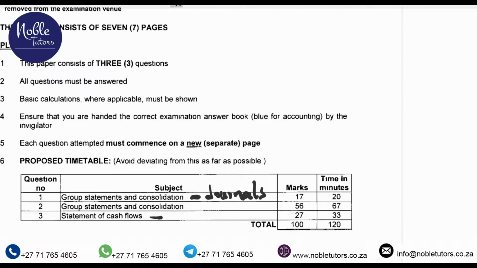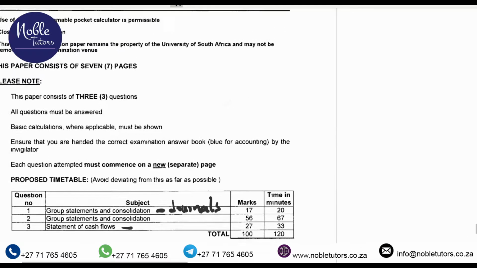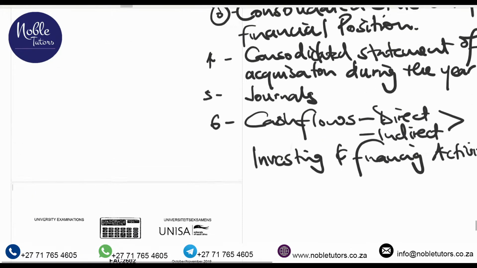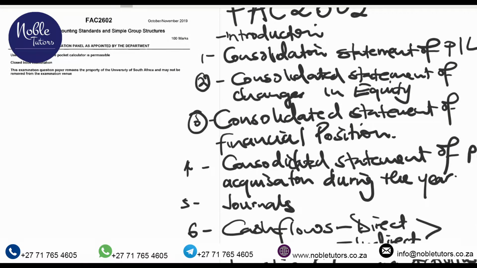Then there's consolidated group statements in question number 2, where anything can be expected: statement of profit or loss, consolidated changes in equity, consolidated financial position, or even all of them in one question. So you really need to understand how to do it when they say prepare these statements.